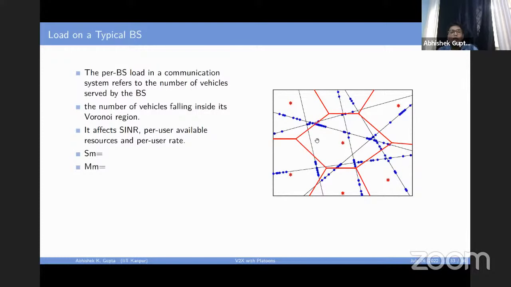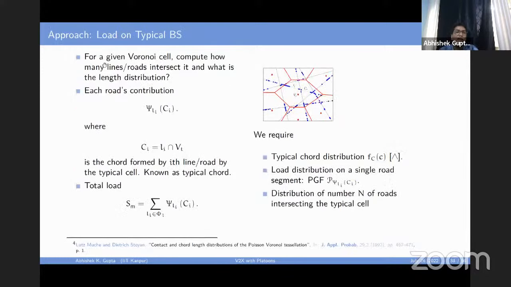Okay, so I'm going to call this CM, and the way I can compute this distribution is, if you look at this particular cell, to compute the total number of users in it, you need three things. One is how many roads are inside this cell, basically how many roads are intersecting this cell. Then you need to know the length of each road, which means you know the distribution of these chords.